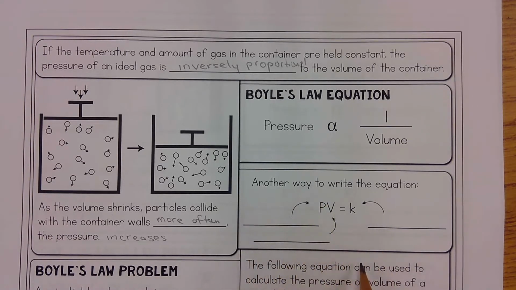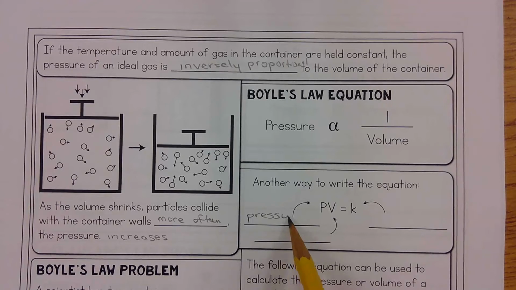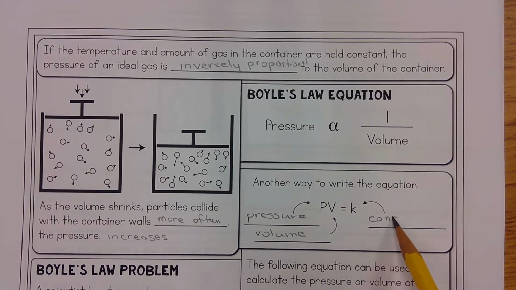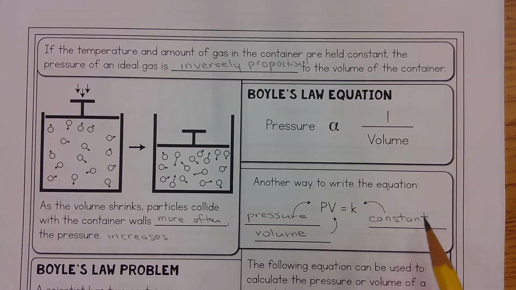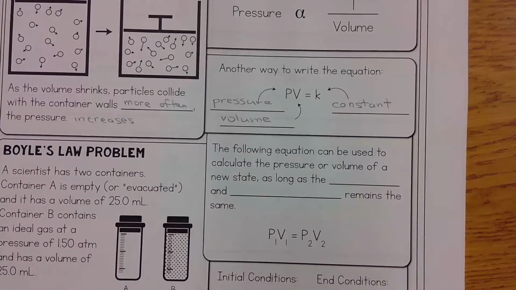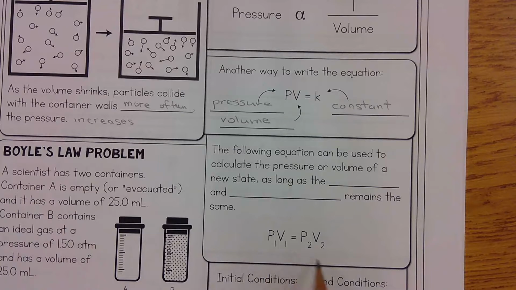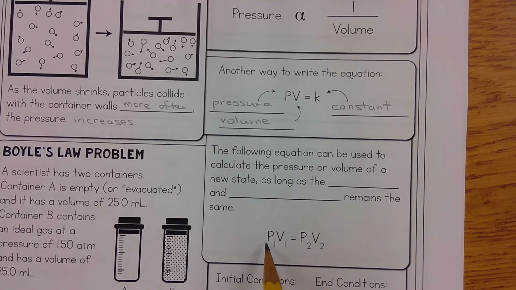Another way to look at this equation is the formal way: PV equals K, where P is pressure, V is volume, and K is a constant. We'll talk about that more later. The usable way to write this equation is initial pressure times initial volume equals final pressure times final volume.